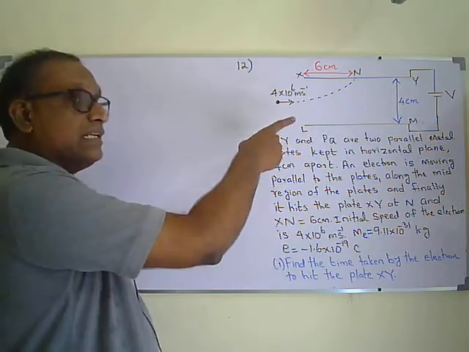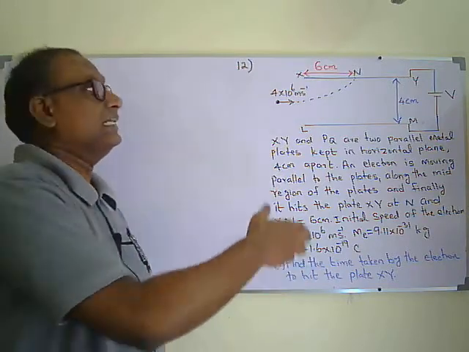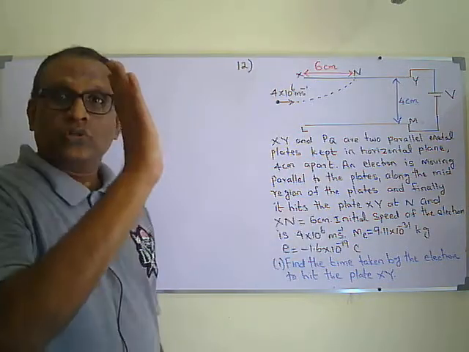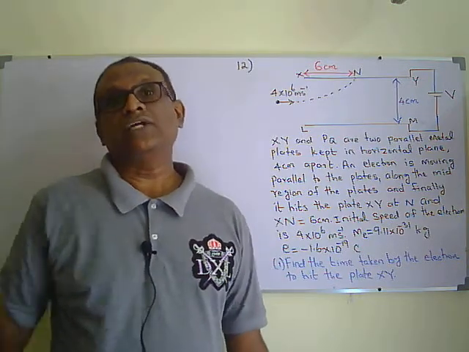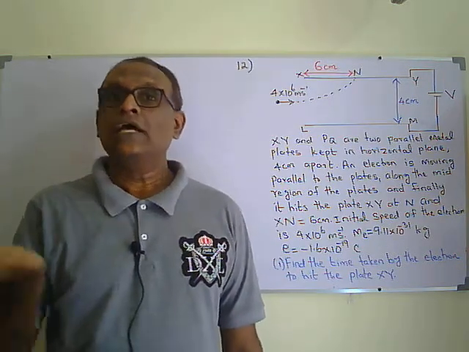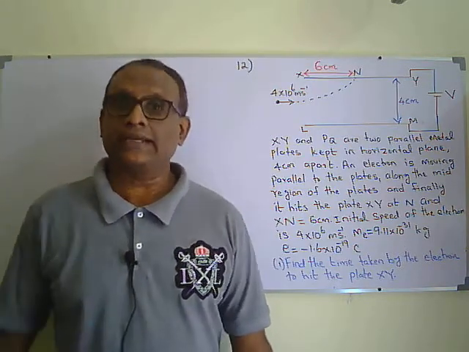Here the electrostatic force is upwards because the electric field is in the vertical plane. So the vertical vector has no horizontal component. Whenever you resolve a vector through 90 degrees, it won't have any component in that direction.